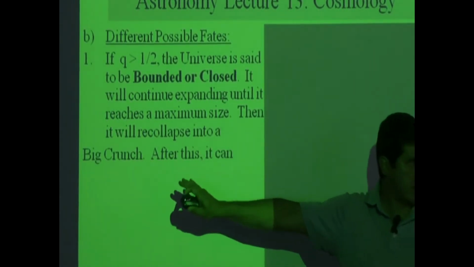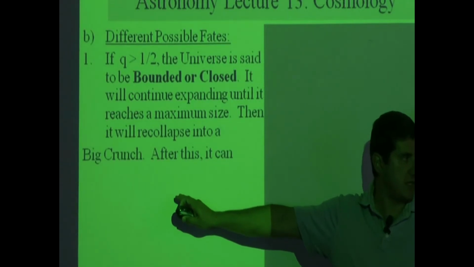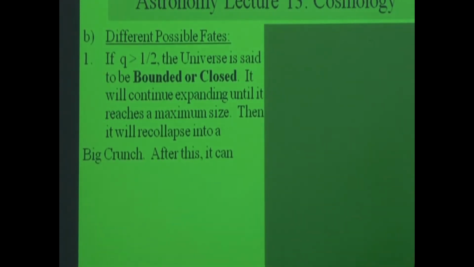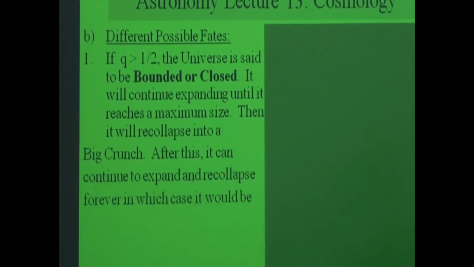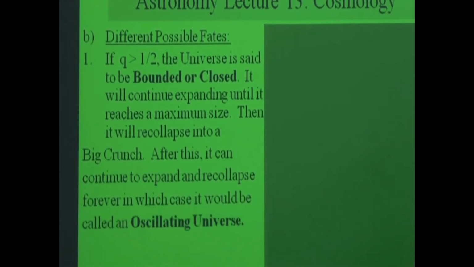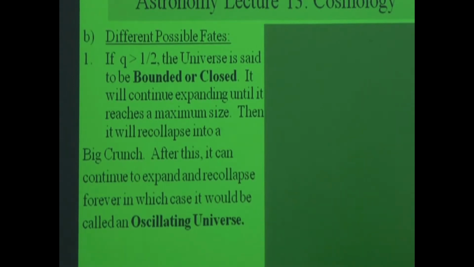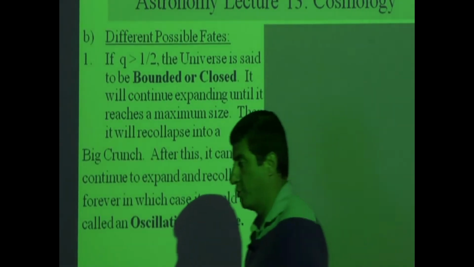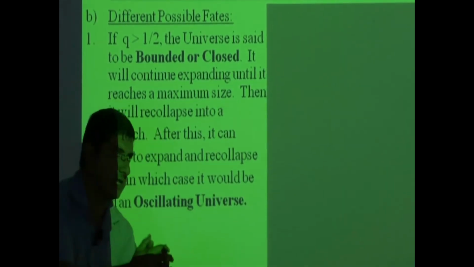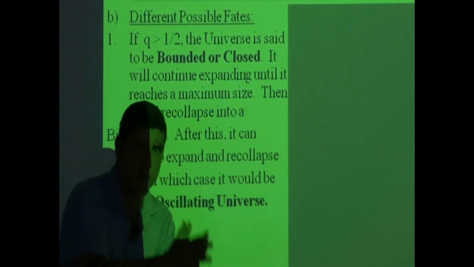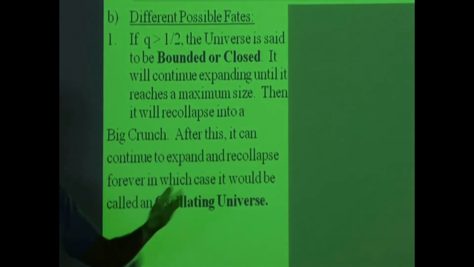Some people were arguing for that in the 1990s. After this, it can continue to expand and recollapse forever, in which case it would be called the oscillating universe. The oscillating universe was proposed for cases where it would expand, stop, recollapse, expand, stop, recollapse, and oscillate.